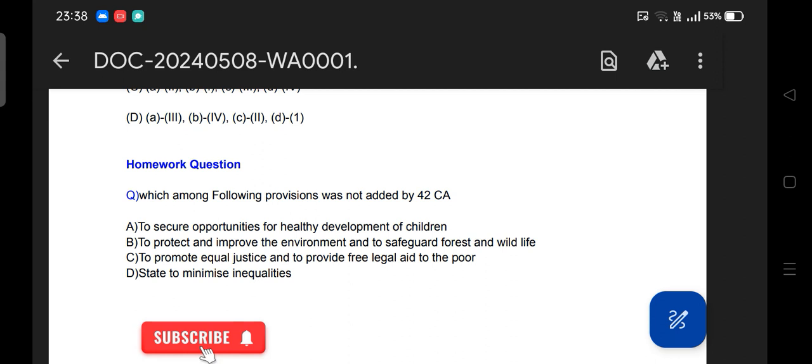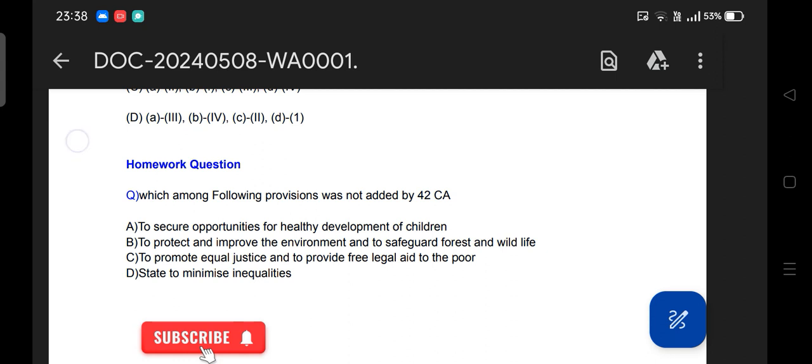So which provision is not added? The answer is option D. State to minimize inequality was added in our Constitution under the 44th Constitutional Amendment Act 1978, under the government of Morarji Desai. So the answer to the homework question is option D.